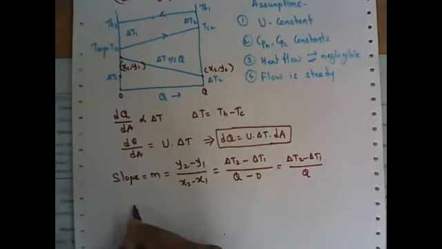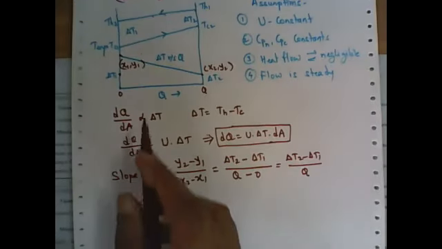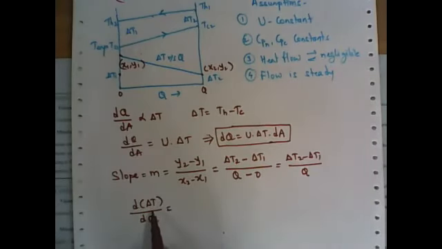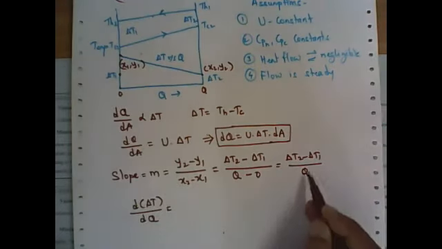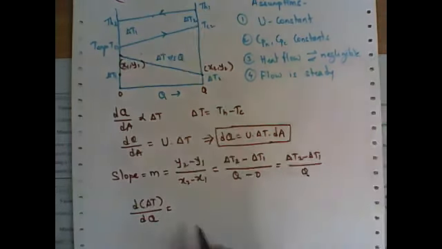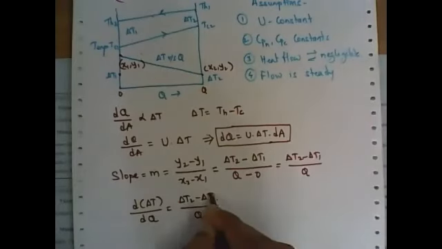Now this slope can be written as d delta t upon dQ. That is, slope is always the ratio of the difference on the y-axis to that on the x-axis. So d delta t upon dQ is equal to the slope from the mathematical equation, delta t2 minus delta t1 upon Q, right?